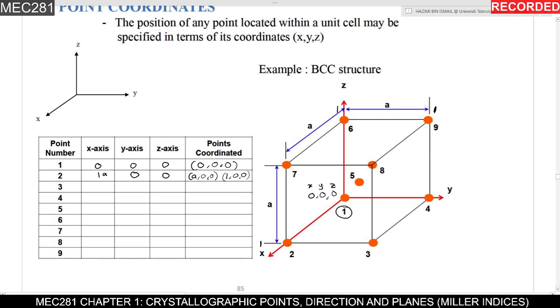Let's try another example at point number 9. For the x-axis, it is on the origin, so 9 is 0 on the x-axis.